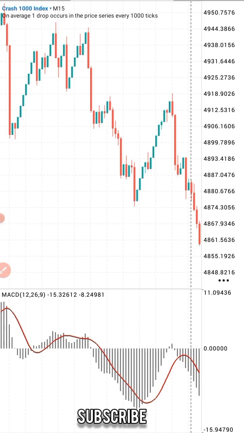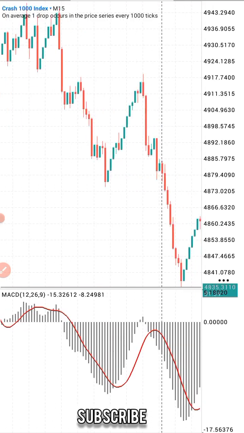The smaller the bars, when they begin to reduce, it means that the momentum is decreasing in that direction. When it is decreasing, it is proof that the strength or the momentum is reducing in that direction.